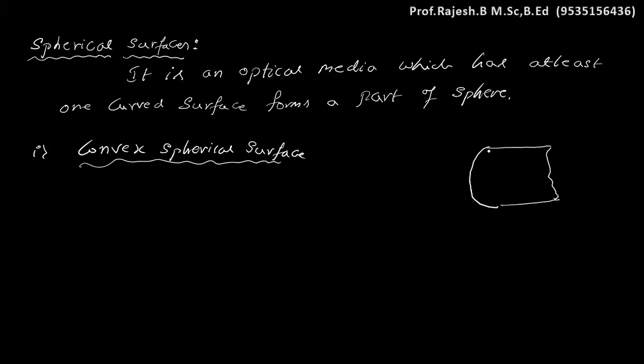But this part appears to be part of a sphere which is curved. This is the rarer medium, and on this side it is denser. So it is convex towards the rarer medium, right? It is a spherical refracting surface which is convex, that is, bulged outward towards the rarer medium. This is a convex spherical surface.